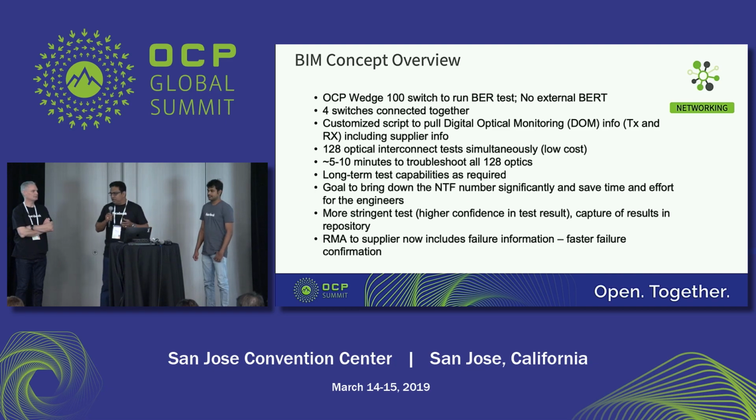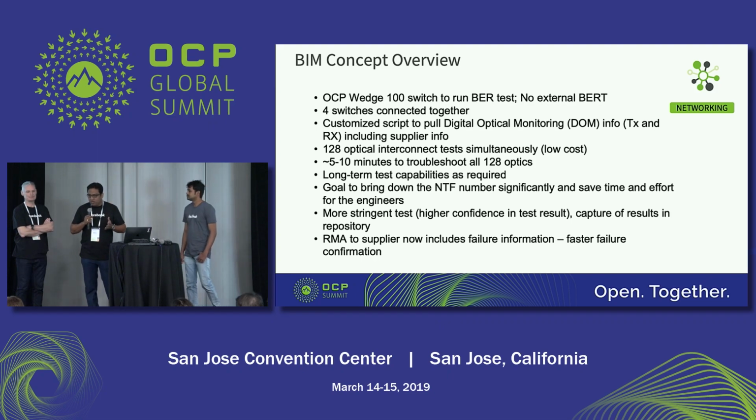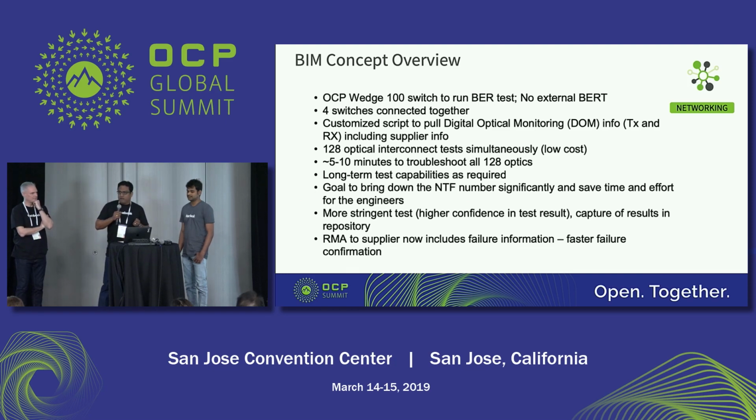The existing tools, like Eddie mentioned, test one optic at a time, so the operational cost and the time from the engineers are too huge. To optimize this whole process, we took Wedge 100 OCP switches and connected them together. These switches can run BER, so you don't need any external BER tester, which is very expensive.